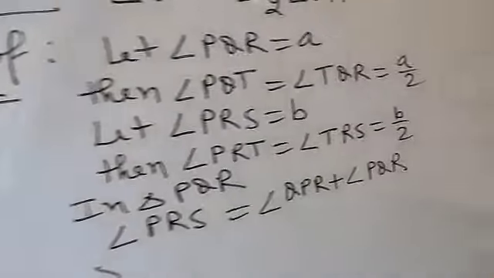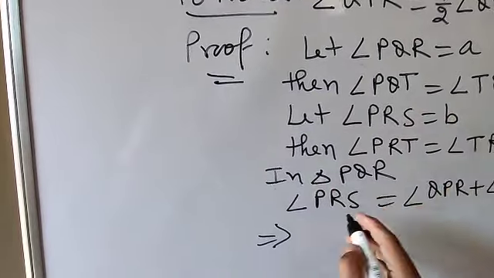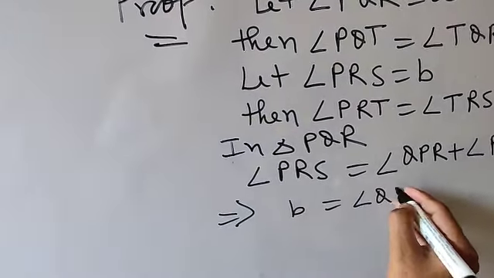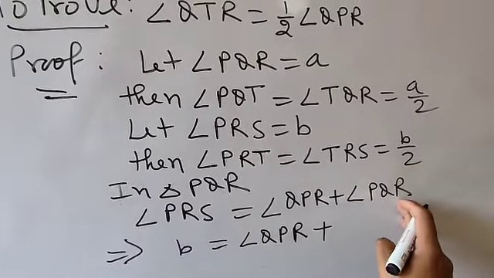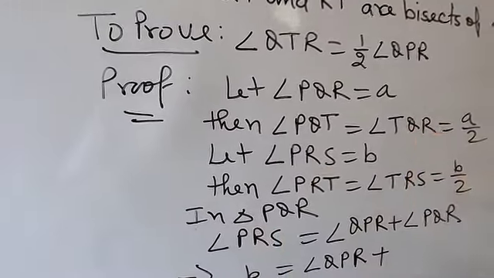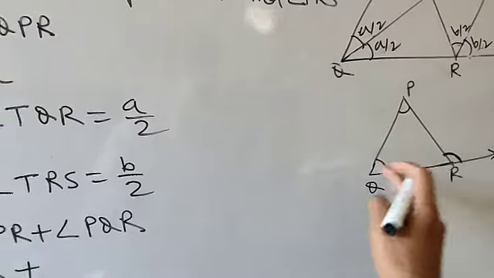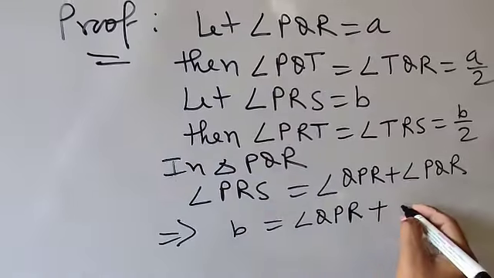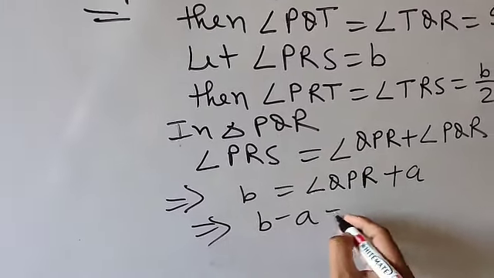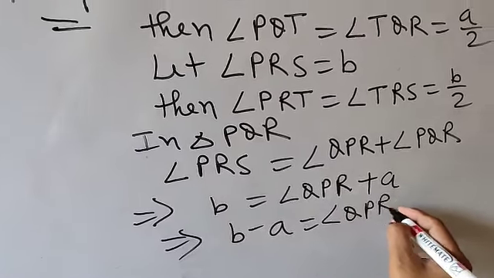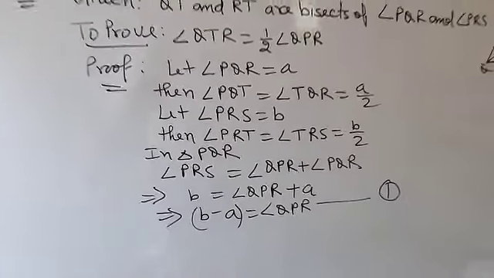It shows that angle PRS equal to, you have taken, let angle PRS equal to B. So I am going to write B equal to angle QPR plus angle PQR, and here you have taken angle PQR equal to A. So plus A. If I transfer A to this side, it will be B minus A equal to angle QPR. I am going to make it equation 1.